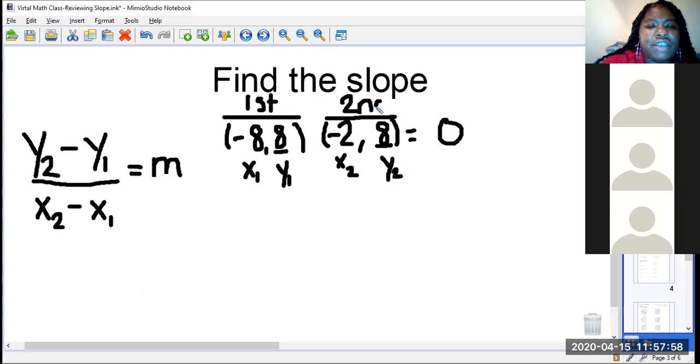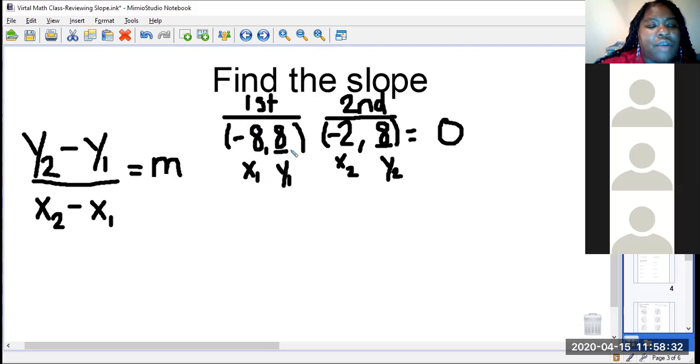So using deductive reasoning, aka common sense, because this is my first set, -8 is the first x coordinate in my set. So -8 would be x1 because it is the x coordinate of the first set. My regular 8 would be y1 because it is the y coordinate of the first set.